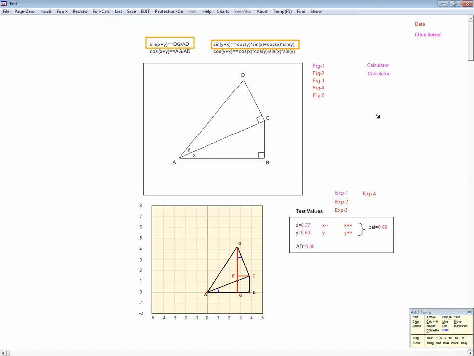And let's take a look at figure 2 in order to see why that's the case. We drop a line from D down to the baseline AB, and the point where it intersects we'll call G, and that's a perpendicular. So this little thing in here is a perpendicular line.